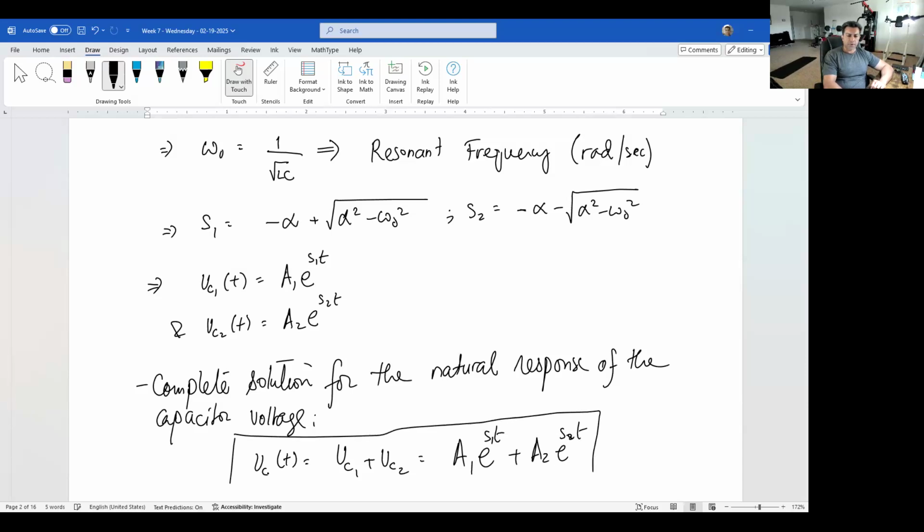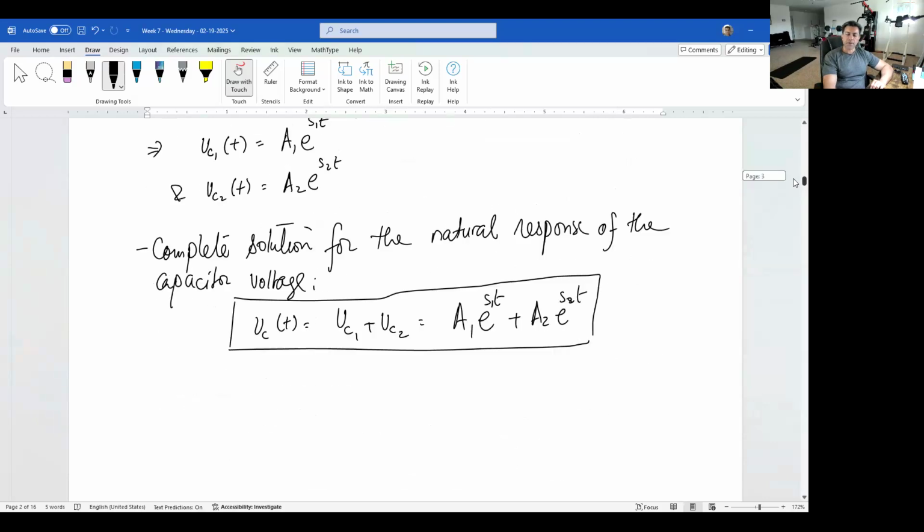That will be the response of your capacitor voltage in the second order circuit if all three components are connected in parallel.